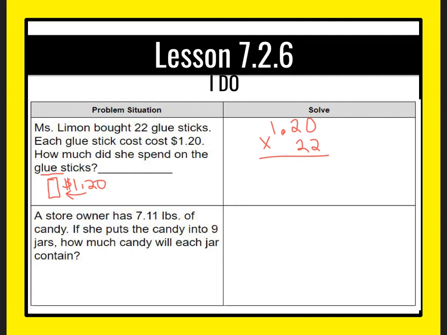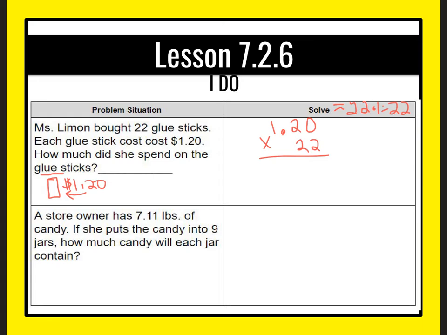So if I do $1.20 times 22, I'm going to estimate, and I always say this. I'm just going to say that 22 times 1, my answer should be more than $22, but 22 times 1 is a good prediction. So that just helps me with my decimal point at the end.